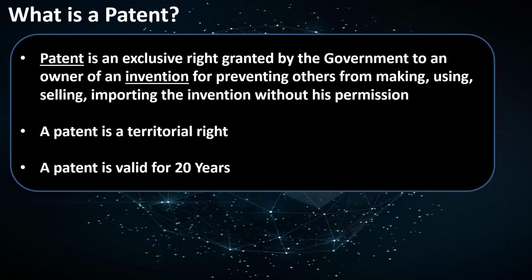In that case, the life of the patent will be valid for 20 years from today. Once that period of 20 years is over, that patent falls in the public domain. What that means is that the patent is free to use by anyone, and I won't have any authority over it after the 20-year period is completed.